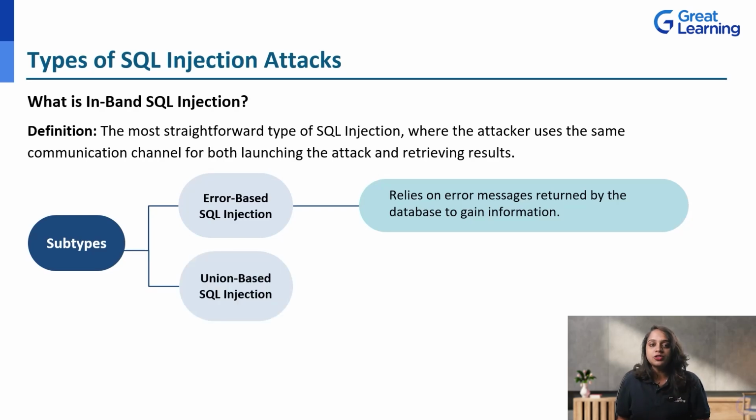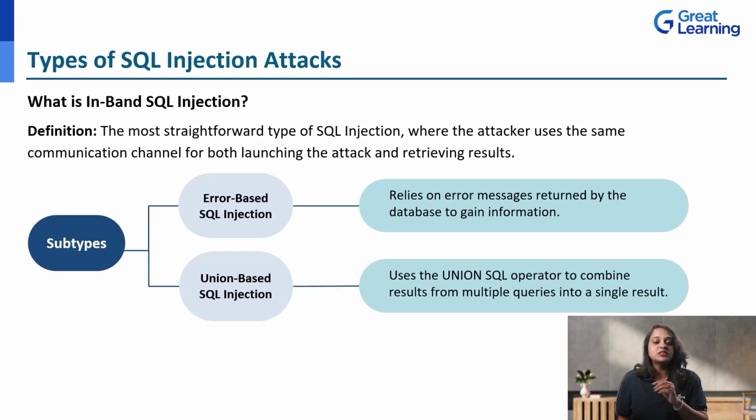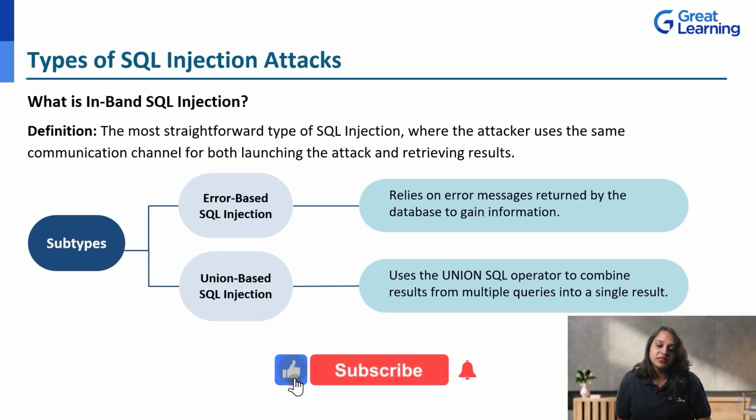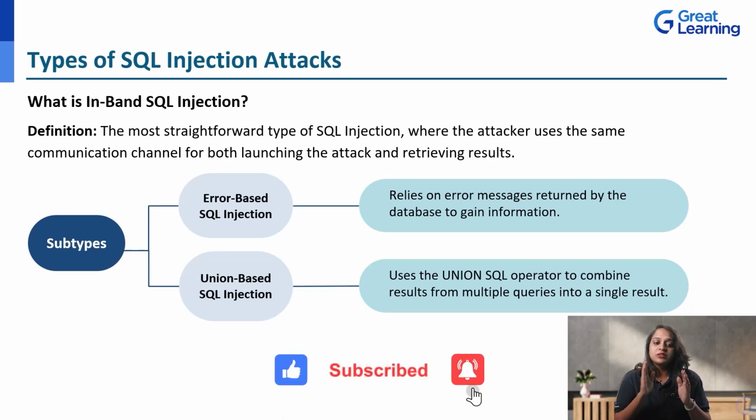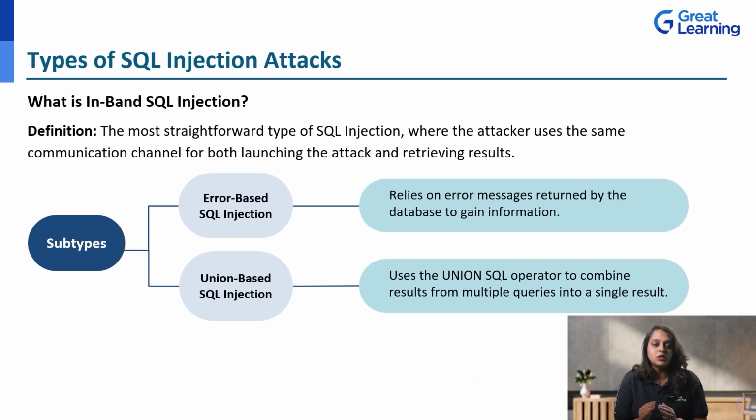As we have already understood, we are using the union operator to retrieve the data from the database, right? It uses the union SQL operator to combine results from multiple queries into a single result. So these two methods, error-based and union-based SQL injection, come under in-band SQL injection, right?